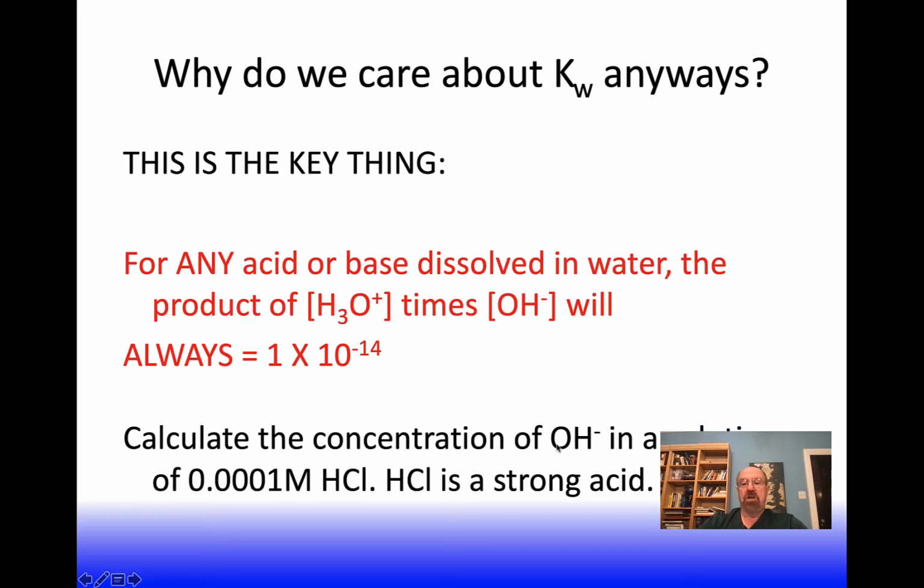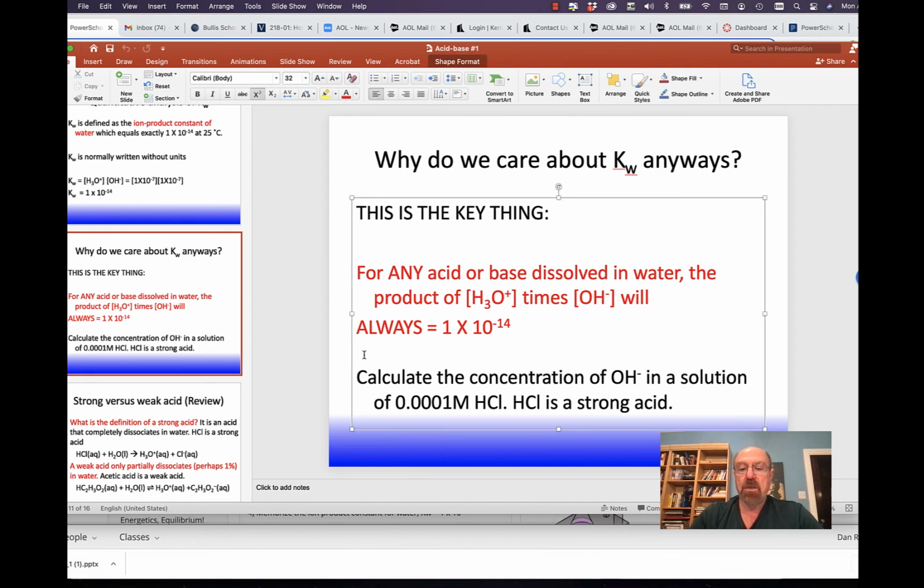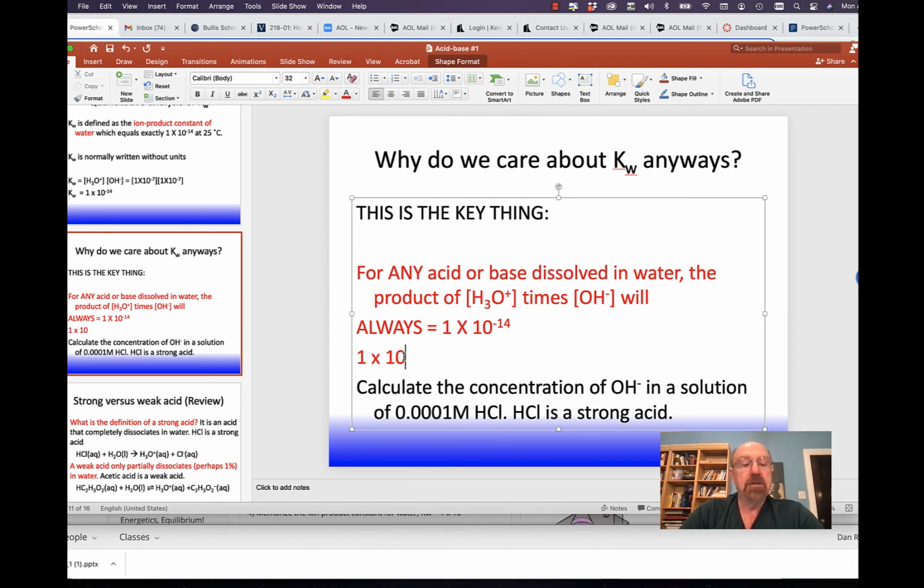Let's put it on a notepad, or maybe I can just type it. So 1 times 10 to the minus 14 equals the concentration, let's just pull it off the previous slide.